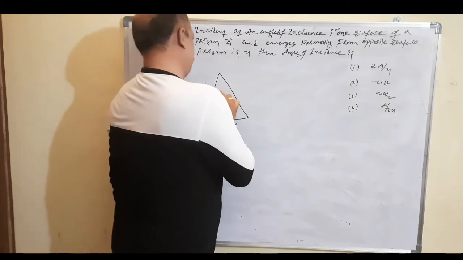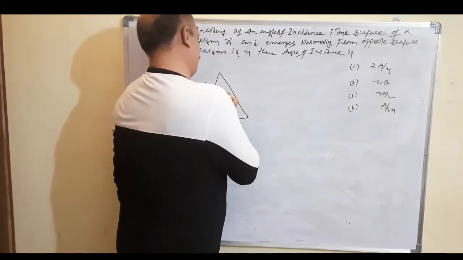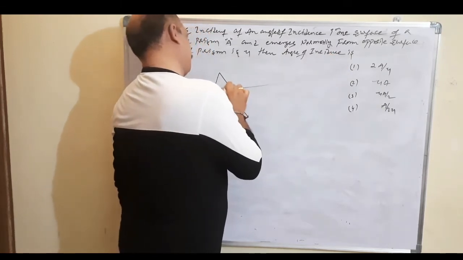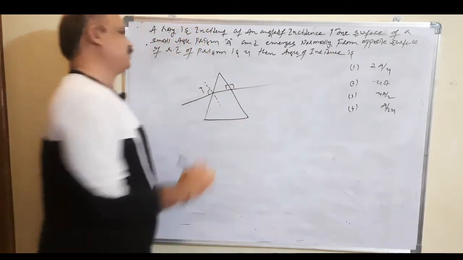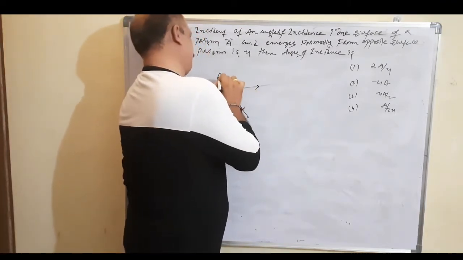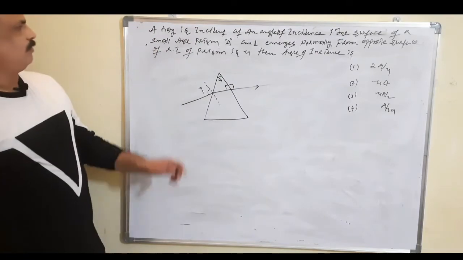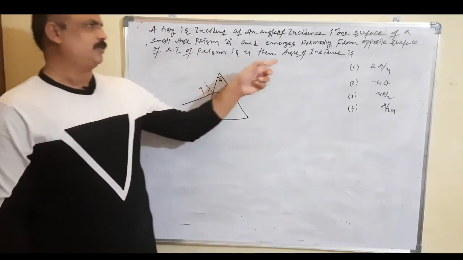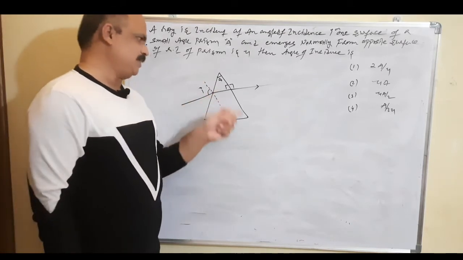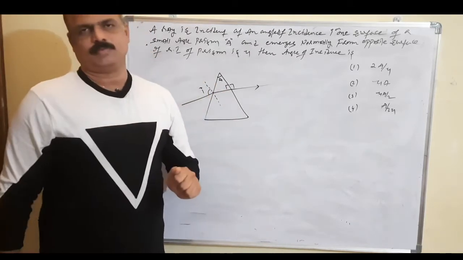So here this light ray is incident normally on the opposite surface. This is normal incidence. This is the angle of prism. Then what they ask, refractive index of prism is equal to how much? That means this light ray is incident on the second surface normally.